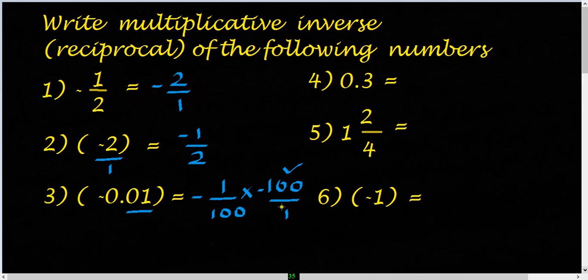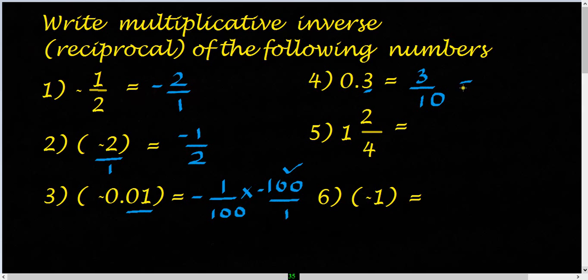Now, if again you have a question with a decimal point, and after the decimal point you have only one number, you can write this as 3 upon 10. You have only one number after the decimal point, so 10. This is the number, and what will be its multiplicative inverse?